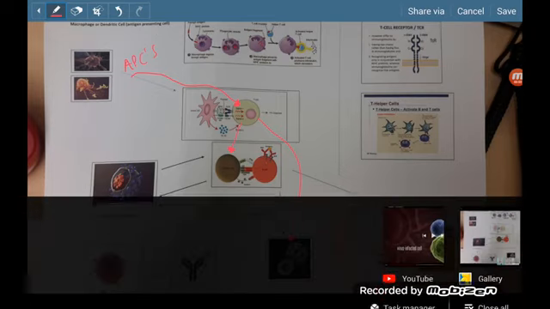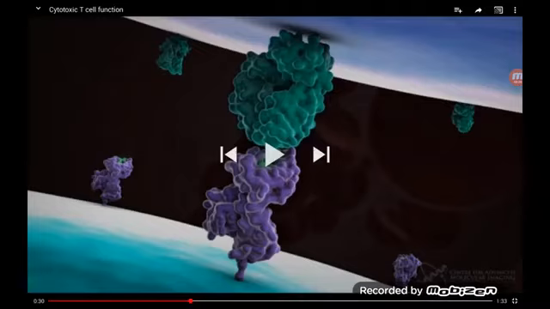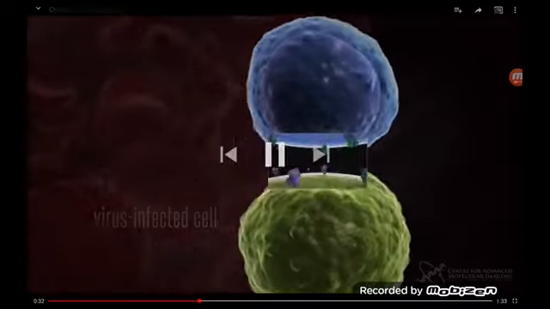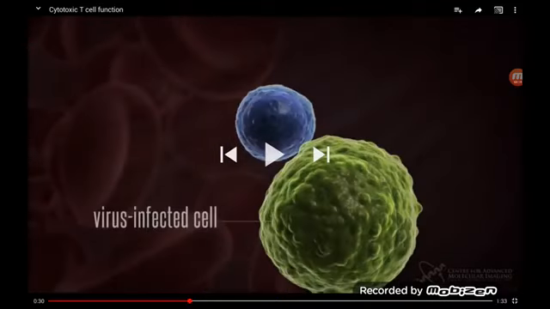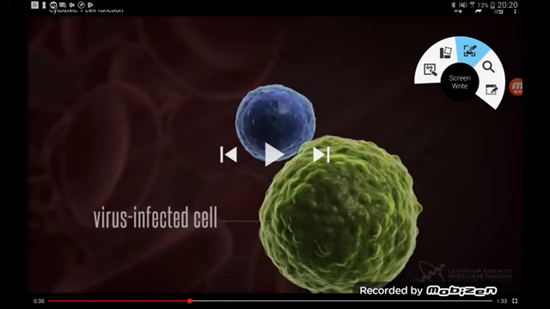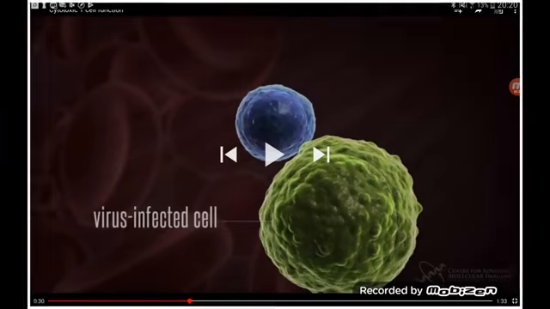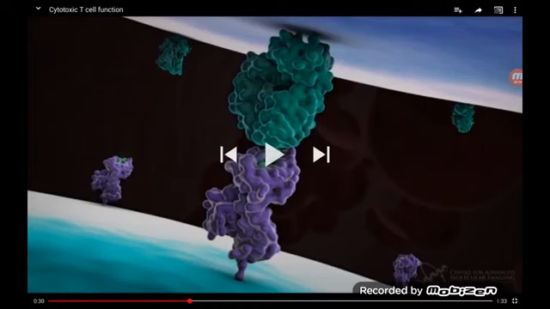And so how does this work? Well, if we go to a video here, I'm going to see if I can get it to the right place for us. If we pause this here, we can see that we have a virus-infected cell here, and in the background is a cytotoxic T cell.